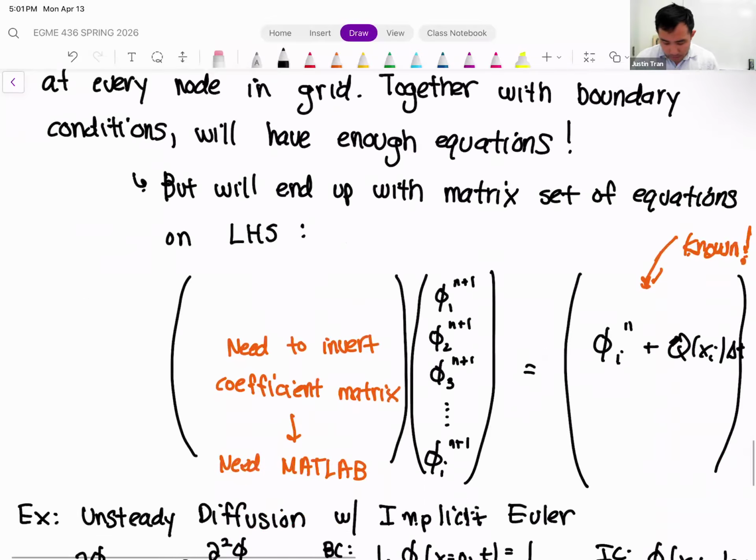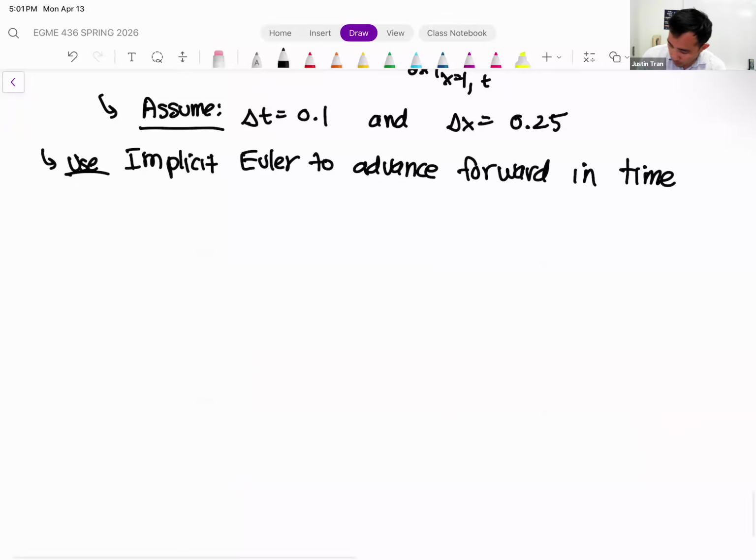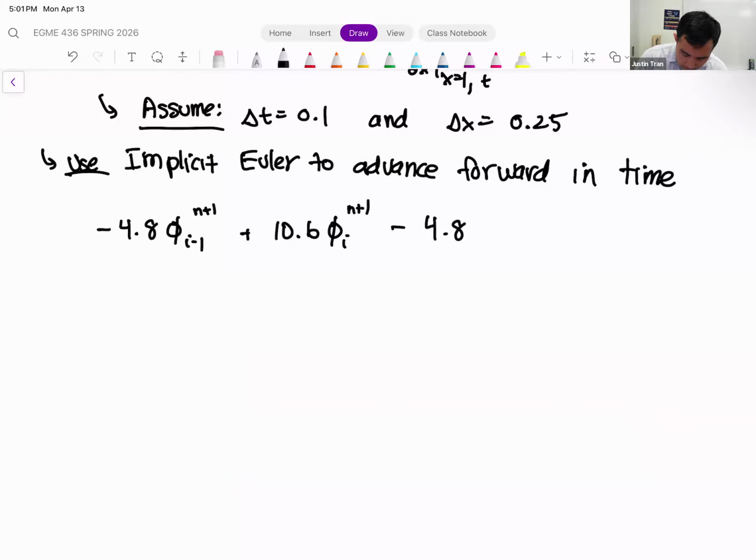When we do that, we get the following: minus 4.8 phi i minus 1 at n plus 1, plus 10.6 phi i at n plus 1, minus 4.8 phi i plus 1 at n plus 1, is equal to phi i at n. There's no source term here, so there's no q term at all.